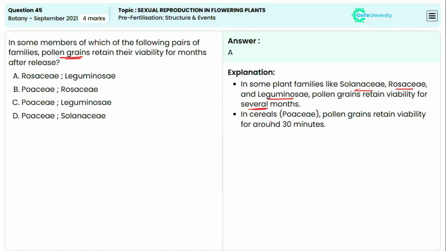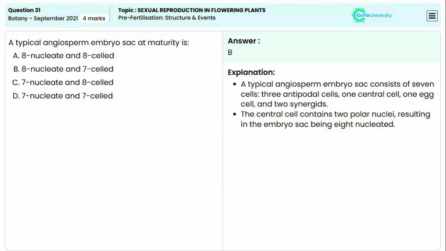Whereas in cereals like Poaceae, the pollen grains retain viability for around 30 minutes. So the options should have Solanaceae, Rosaceae, and Leguminosae. So the correct answer will be option A, Rosaceae as well as Leguminosae, because the viability of their pollen grains remains for months after release.